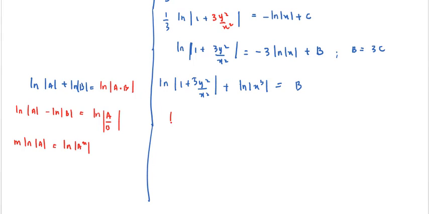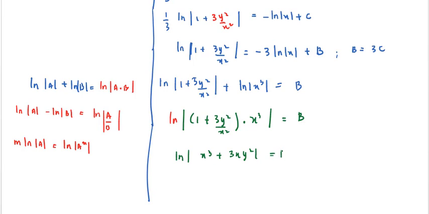So you will get ln of 1 plus 3y square over x square darab dengan x cube, equal to B. Yang dalam ni you can simplify, so kita akan dapat ln x cube plus 3xy square equal to B.